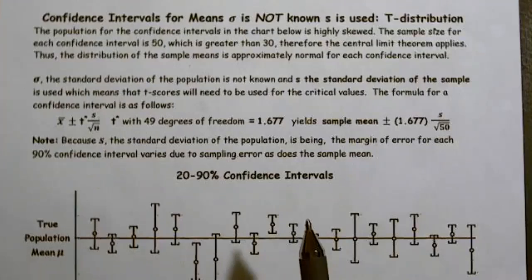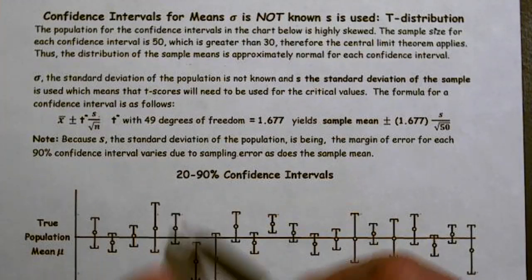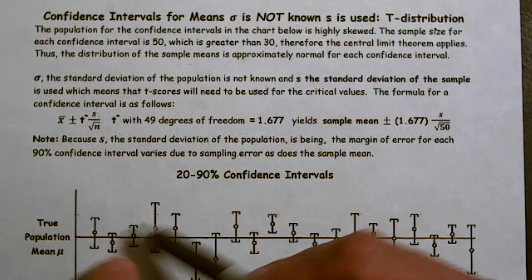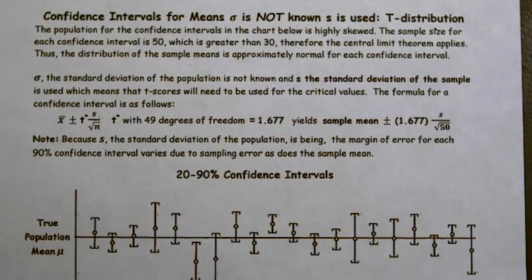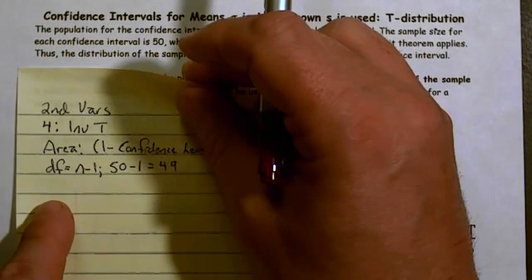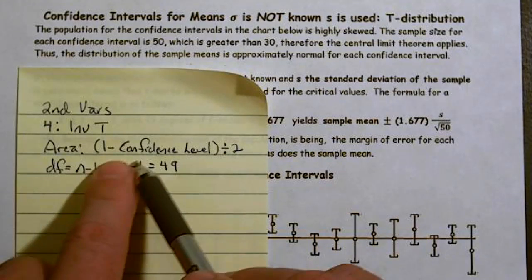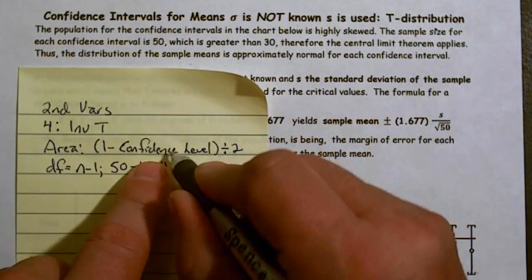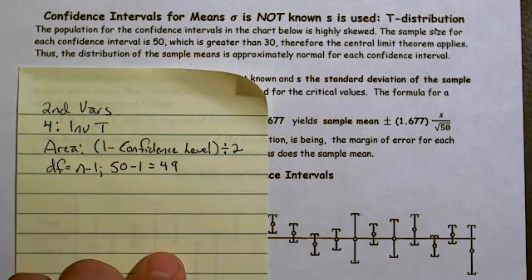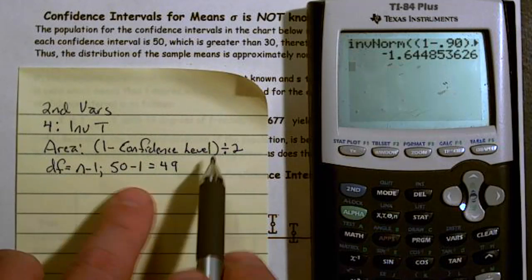So all of my interval widths are going to vary. Some are going to be narrower, some are going to be wider, depending on what sample I have. I still wanted to do a 90% confidence interval, and to do that, I'm going to have to go to a slightly different place on the calculator. This is going to be second vars, number 4, inverse t, 1 minus my confidence level, which happens to be 90% this time, and divide that by 2.